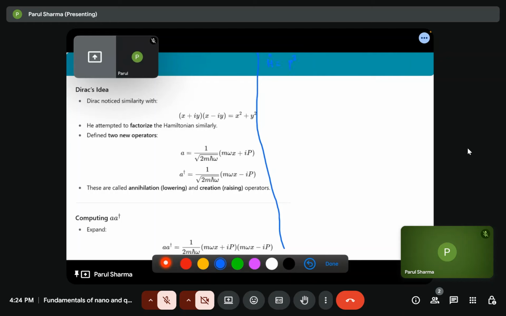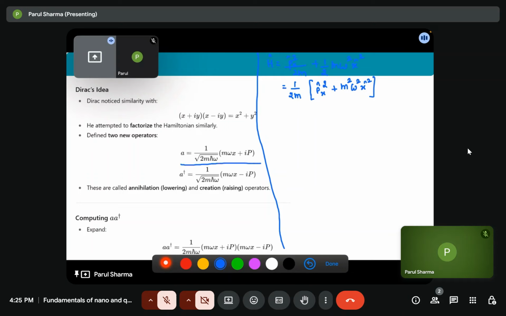Okay, we can write it as 1 by 2m, px square plus m square omega square x square. So now we can define A equals to 1 by root 2 h cross m omega, m omega x plus iota p.